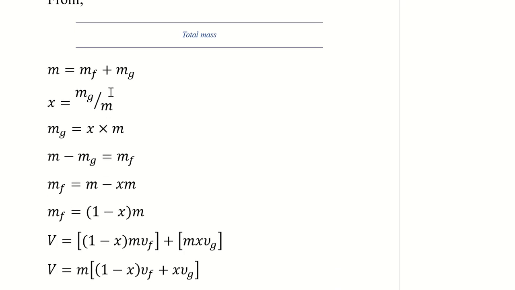So from this here, you come to this: total mass minus the mass of the vapor phase gives you the mass of the liquid phase. But we already know the mass of the vapor phase is equal to xm. So you substitute it in here.